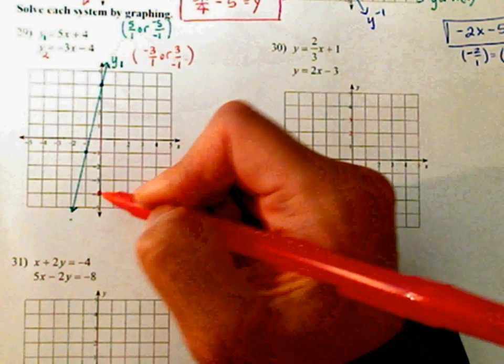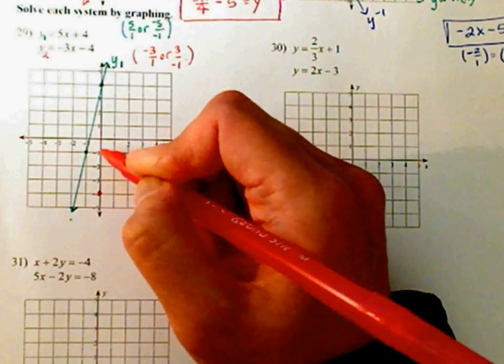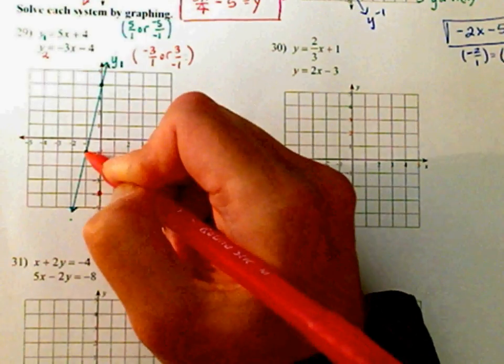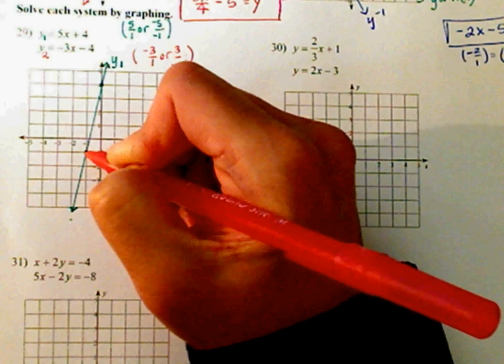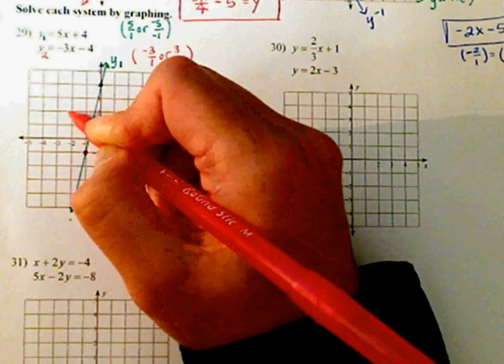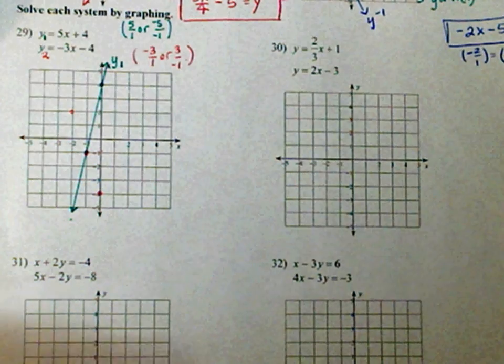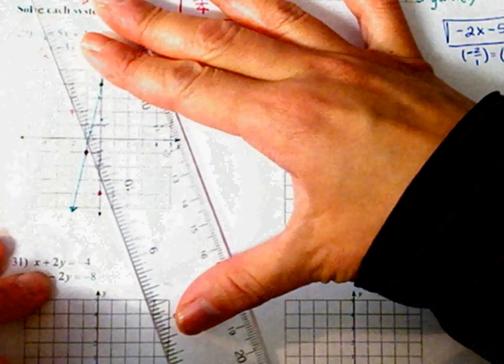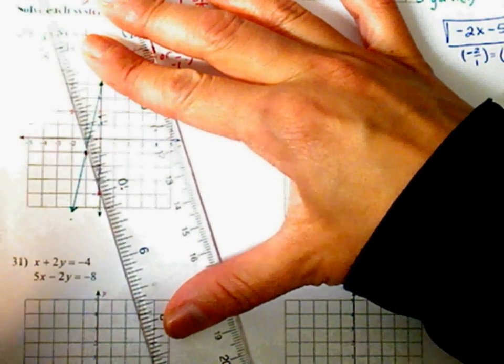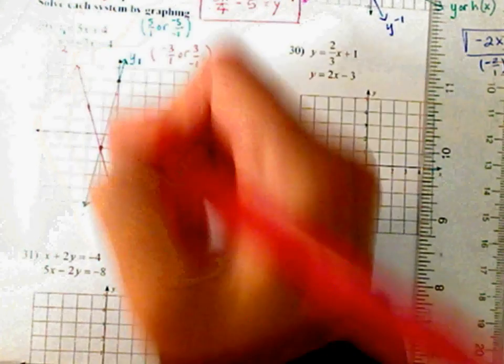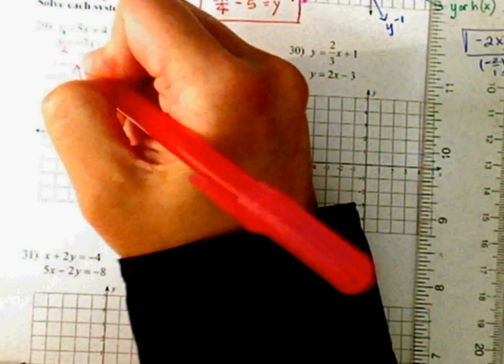So I'm going to go up 3: 1, 2, 3, and left 1. I'm going to plot another point: 1, 2, 3, up 1. You guys see the line being formed? Connect your points. And this one is our y2 line.